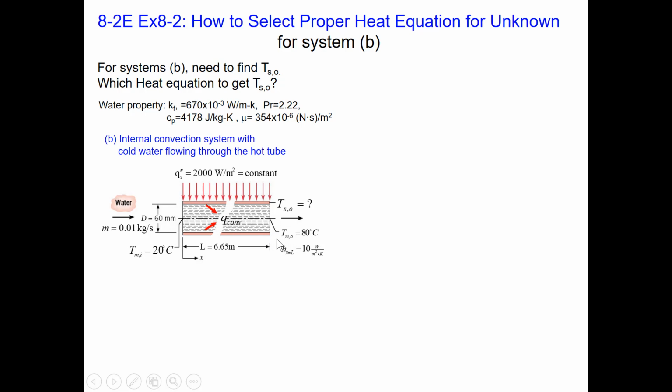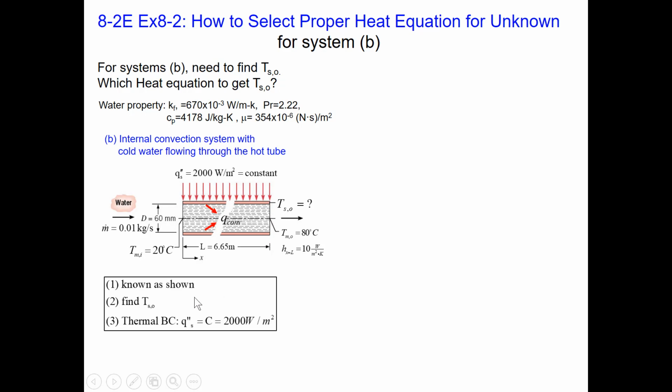The flow temperature Tm,o and heat transfer coefficient at the outlet are known. What we're looking for is the surface temperature at the outlet. In summary, this is what we know.